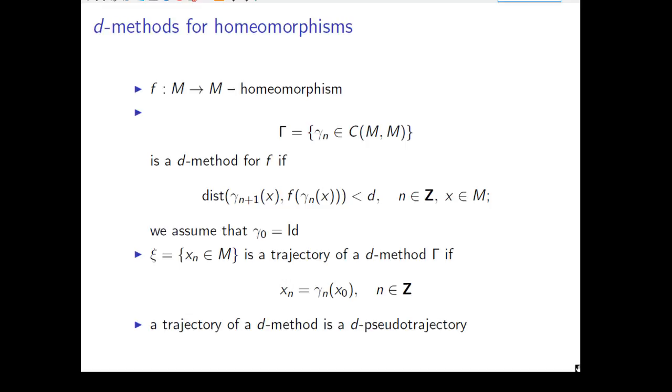You take point x, you apply gamma n, you apply gamma n plus 1, and your exact mapping must take this point to its f of gamma n x, and this distance is less than d.